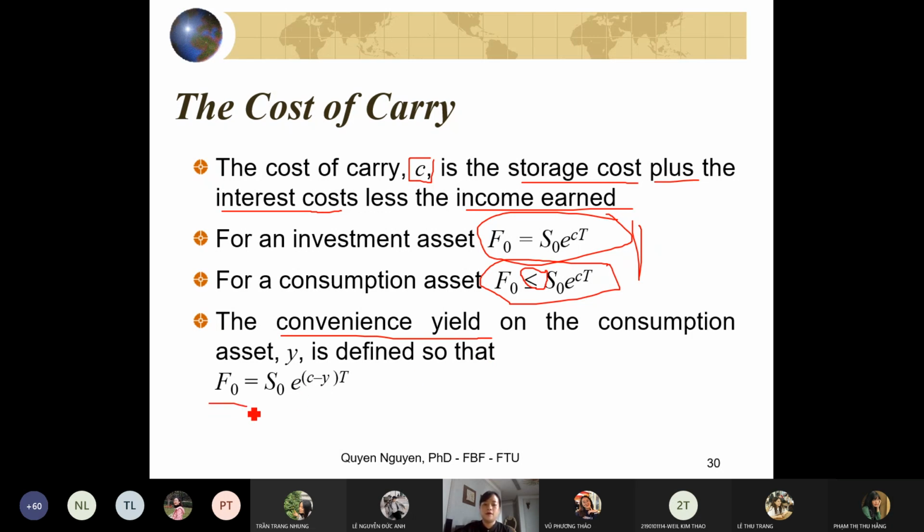So F0 would be equal to S0 multiplied by e to the power of the cost of carry minus the convenience yield, all of them multiplied by T. And this is how we value the F0. And we understand that if the equal sign occurs, then we will have no arbitrage opportunity.